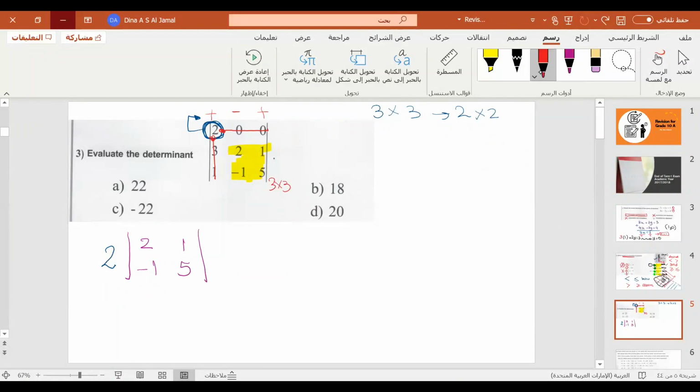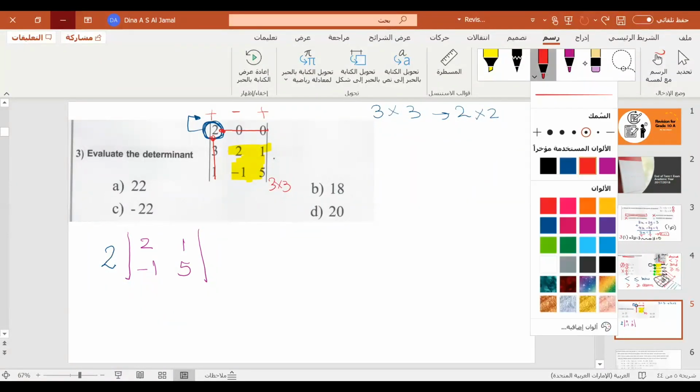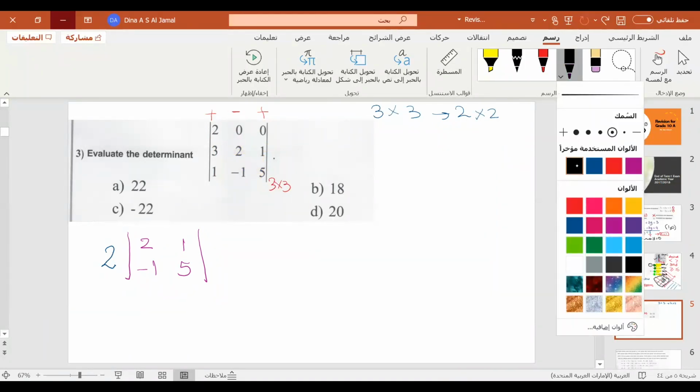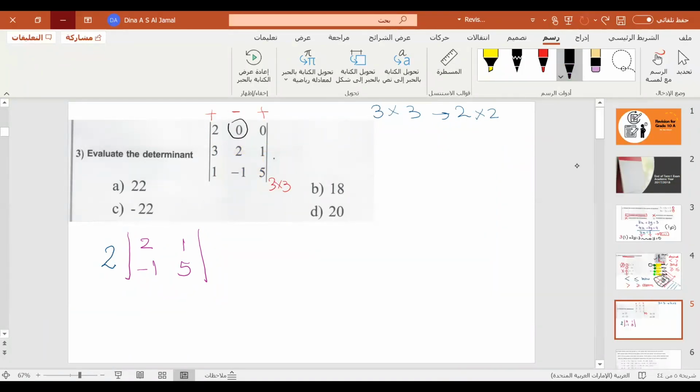Then I'm done from this one. Let me erase it. Let's go to the other one. 0 with the minus, it won't make a difference. But if it was, for example, 1, 2, 3, so you will be putting here minus 2, for example. Okay? So here, because you are having 0, you don't have any difference.